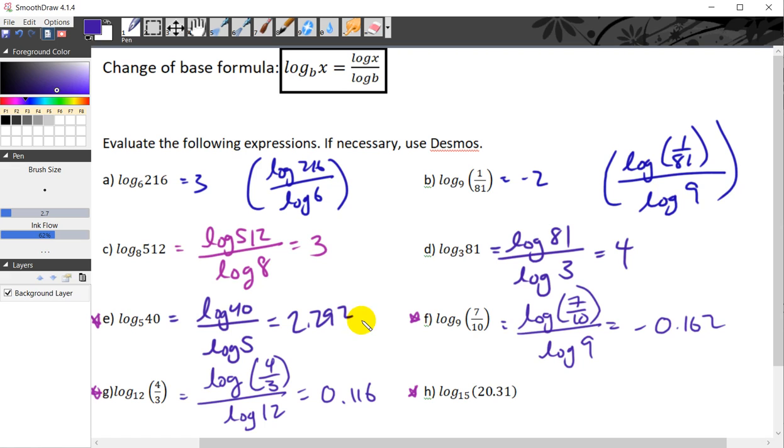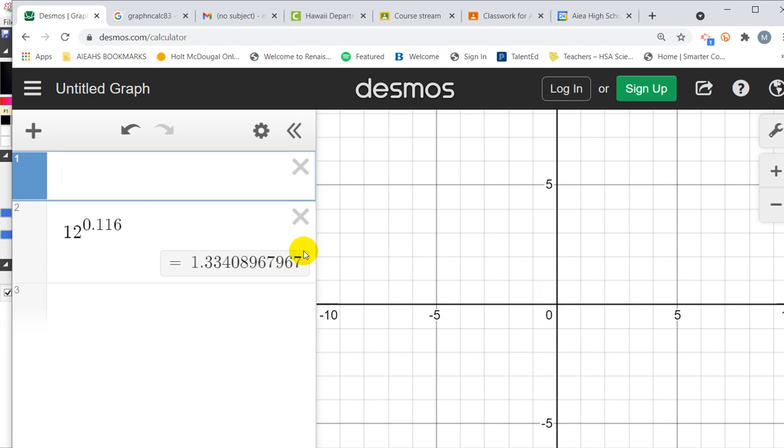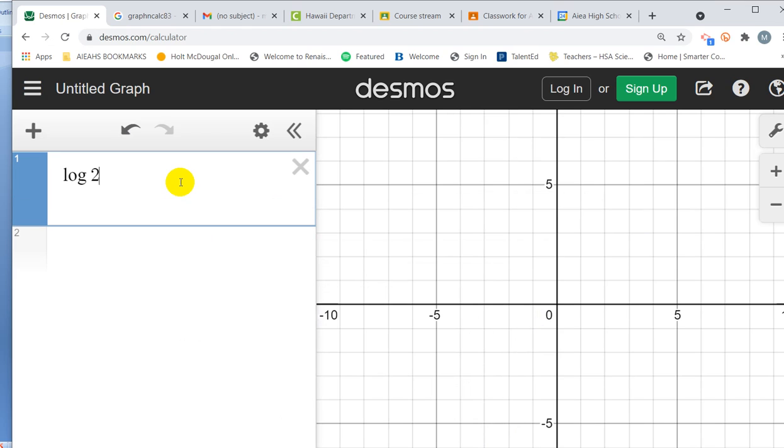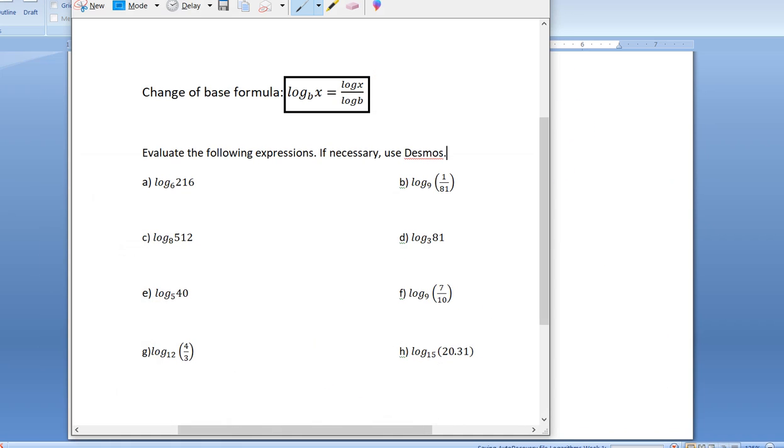So let's go ahead and look at this one. This says log of 20.31 divided by log 15. Okay, so let's go ahead and do that. We have log of 20.31, and we divide that by log of 15.